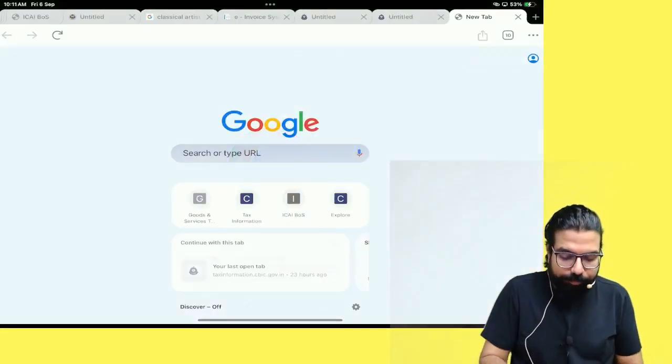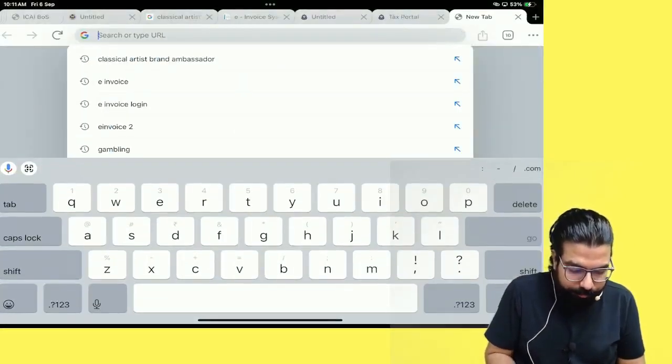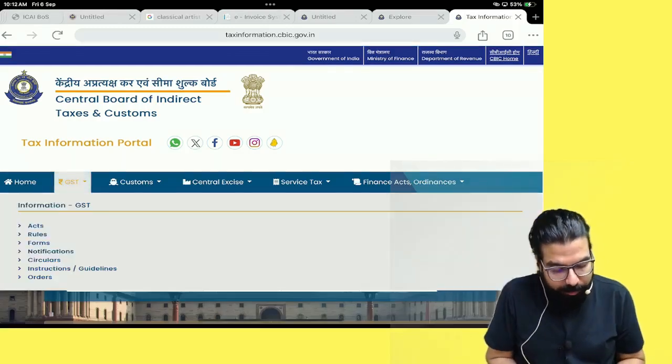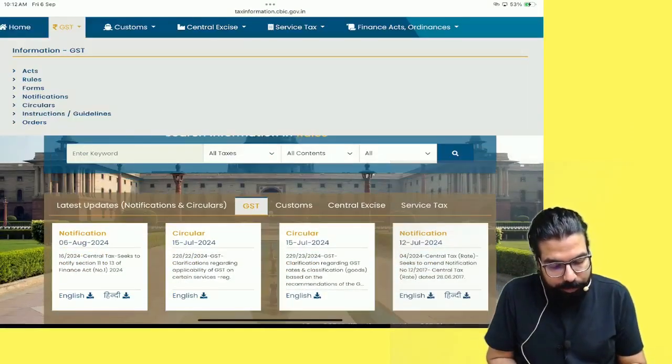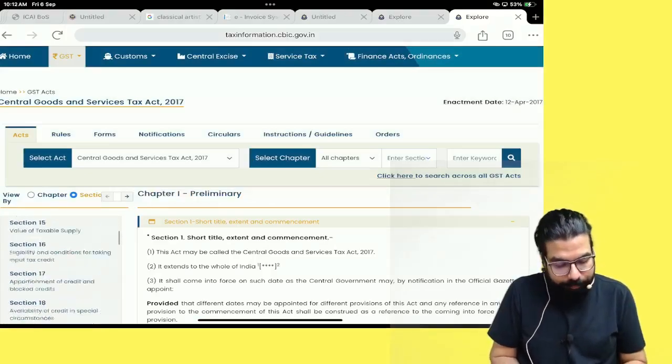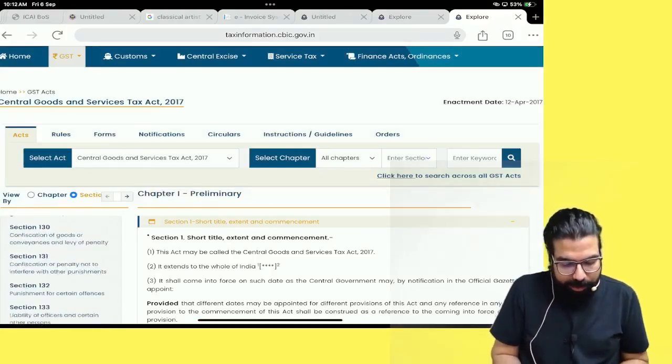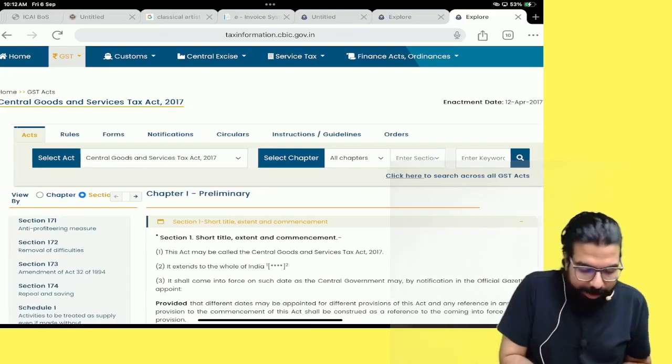Everyone see. In the GST Act, at the end, we had learned Schedule 1.